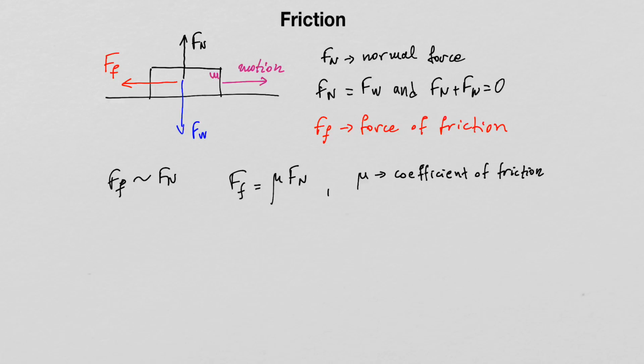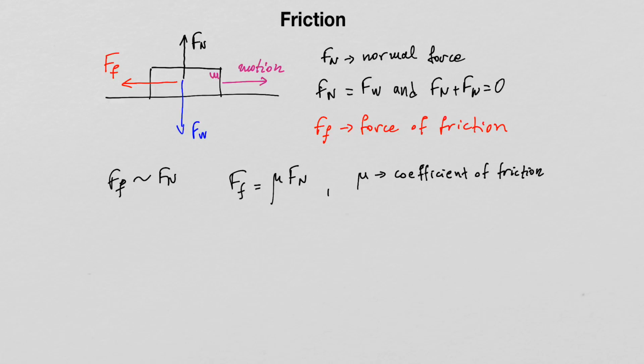So the force of friction Ff is equal to a coefficient of friction mu times the normal force Fn. Mu is the coefficient of friction, and as the name suggests, this is just a number, it has no units. The coefficient of friction mu varies in value depending on the materials that are in contact.